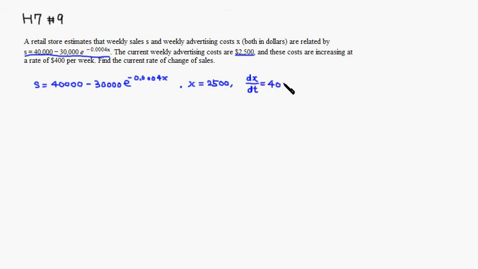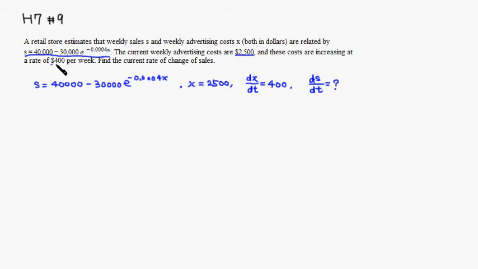Then find the current rate of change of sales, so we are looking for ds over dt.